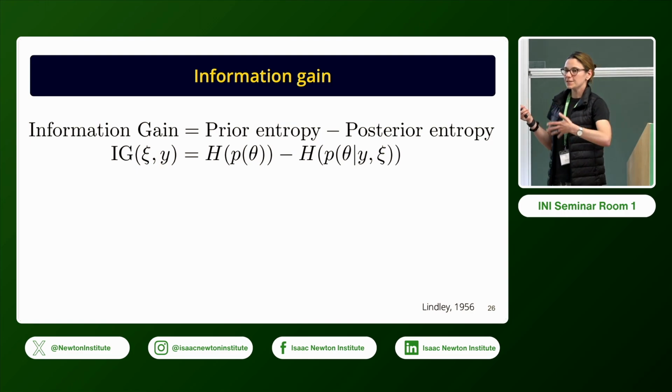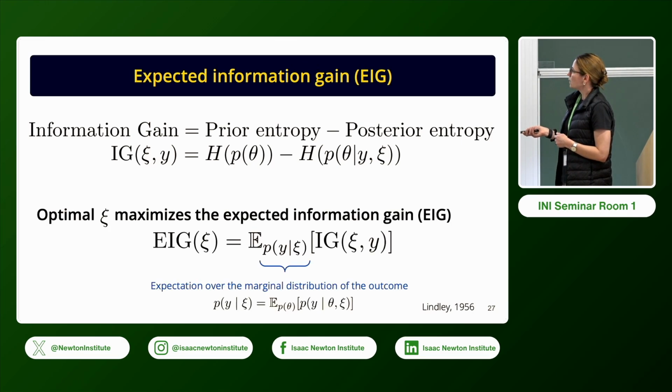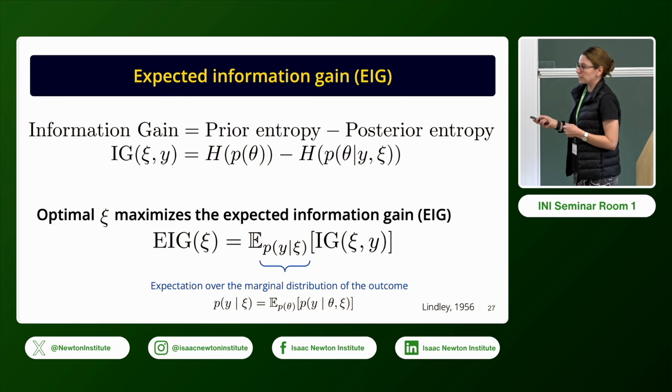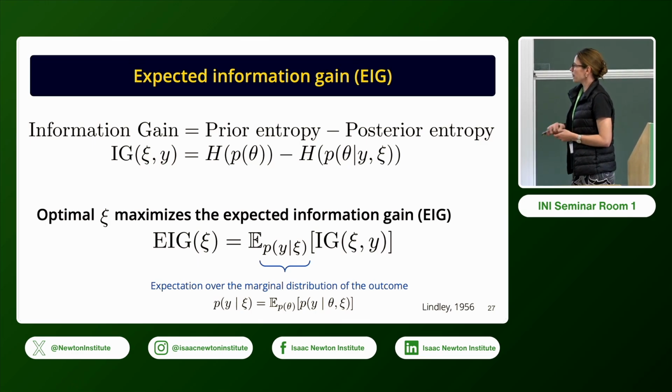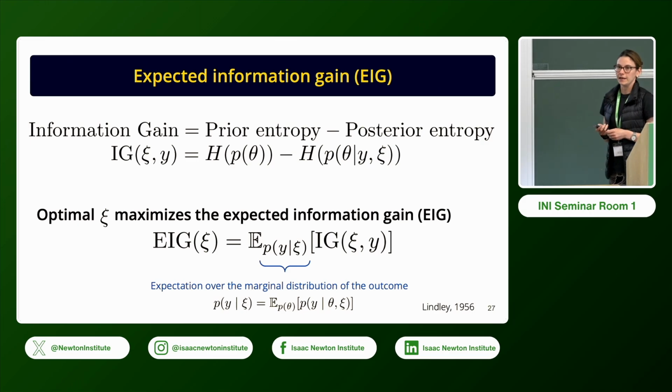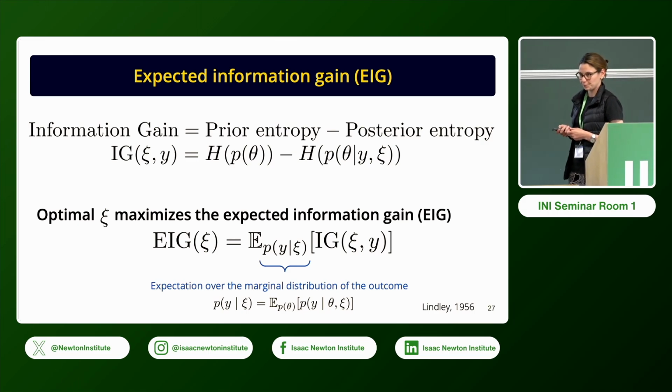Now, in order to make this into a ranking criterion, before we actually observe our data Y, we simply take the expectation with respect to the marginal distribution of the outcome, and this gives us the expected information gain objective. Okay, and this is precisely what Lindley did in '56.